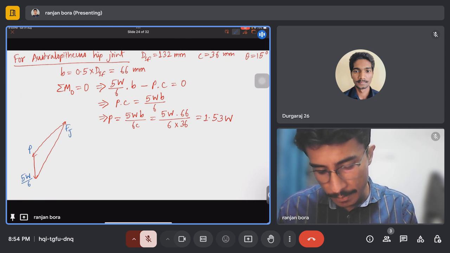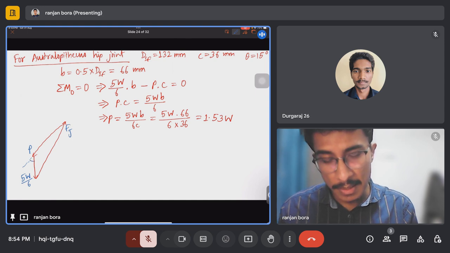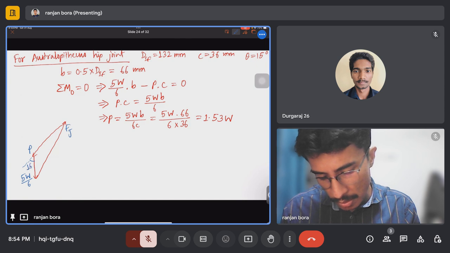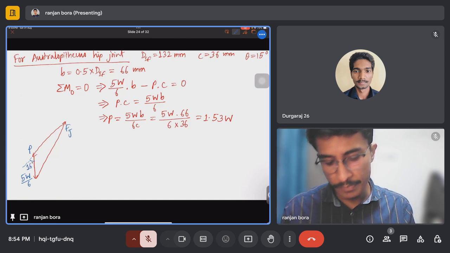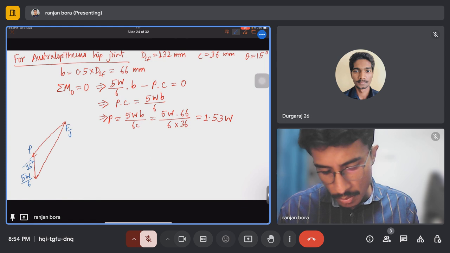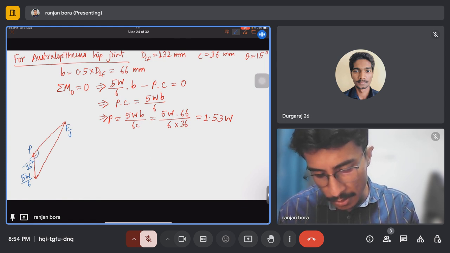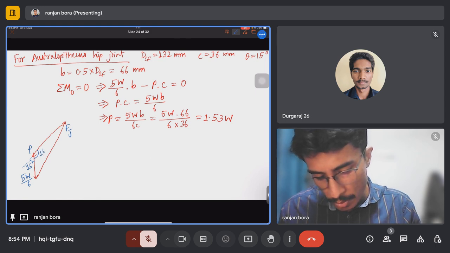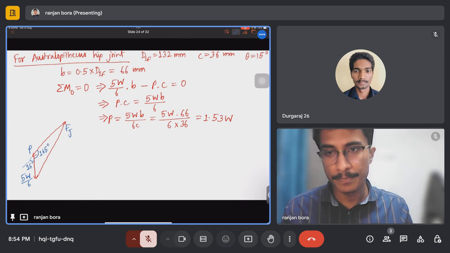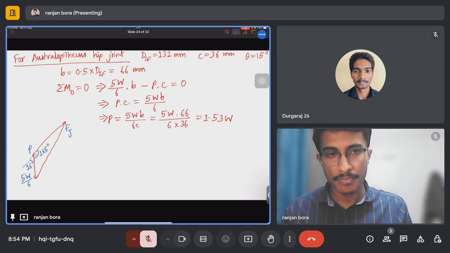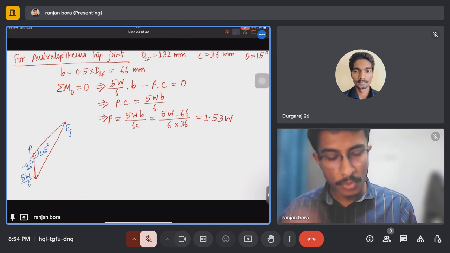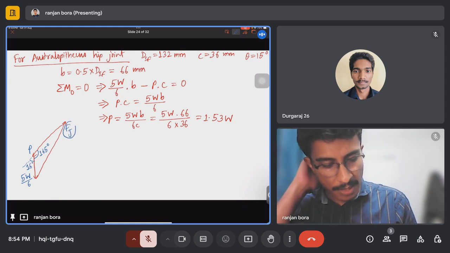And this angle is given, this angle is 15 degrees. So if it is 15 degrees, this angle will be 180 minus 15, which will be 165 degrees. So we can find out the magnitude of this Fj.